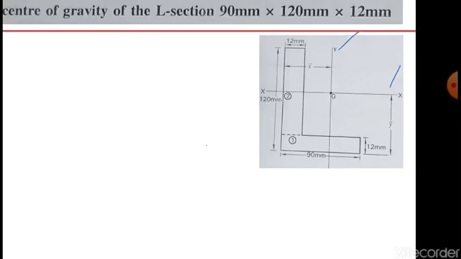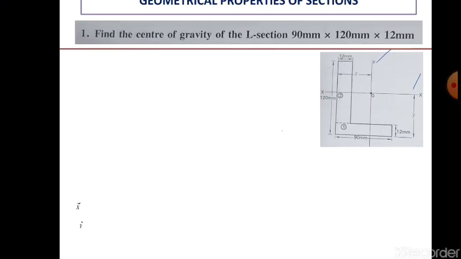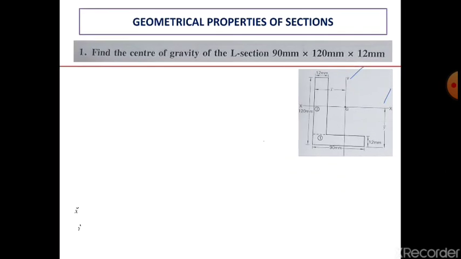So now as per the steps, you first have to calculate the area A1 of that section of the body. It is 90 into 12, that is, the width is 12, so we get 90 into 12, that is 1080 mm square.